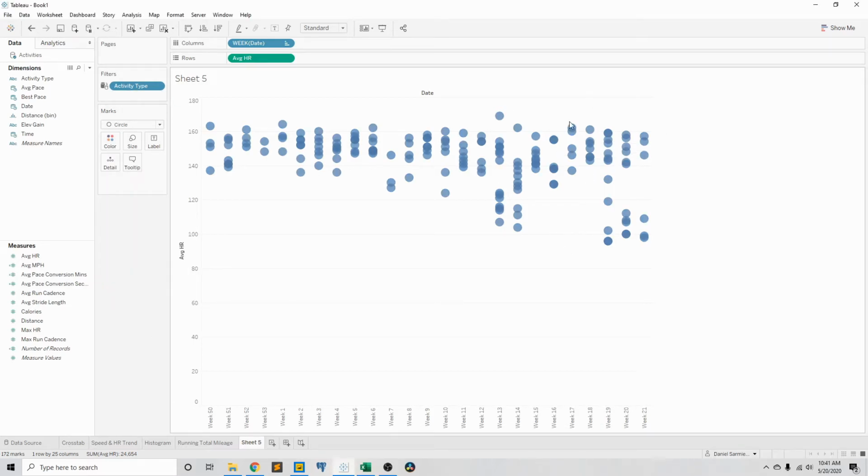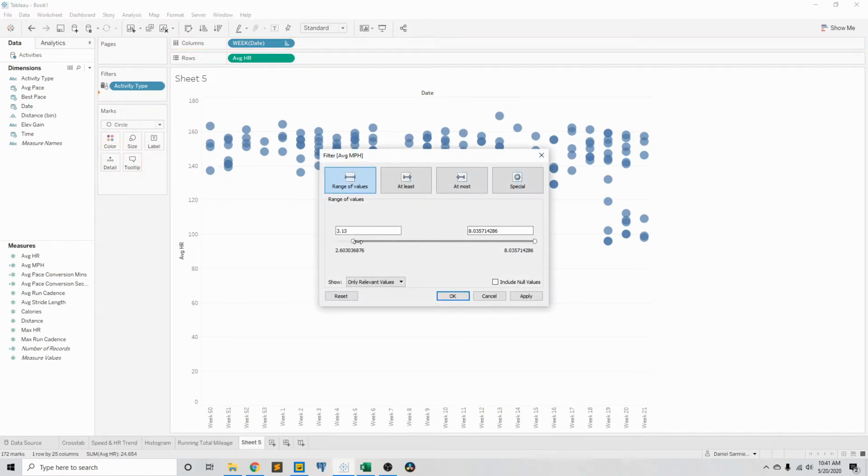Okay, there is a lot of activities over here. I want to make sure to exclude my walks. So I need to be moving at least 4 miles per hour.